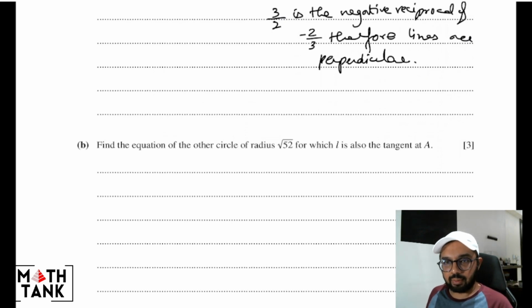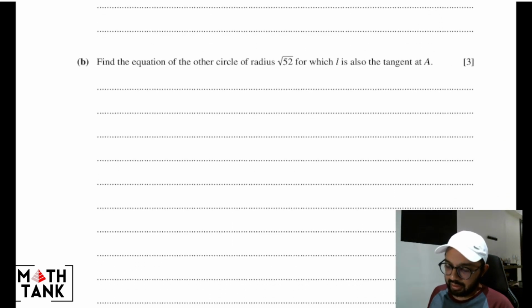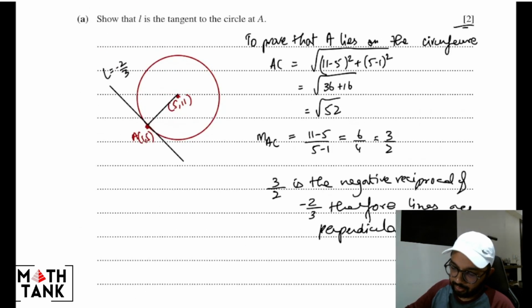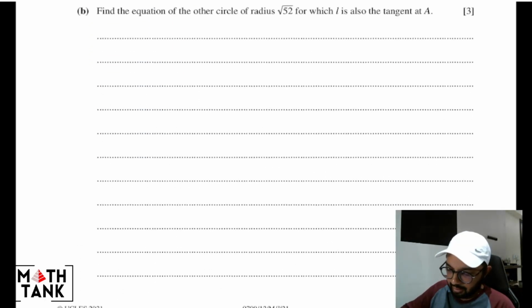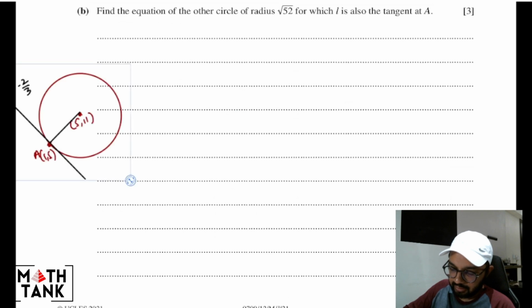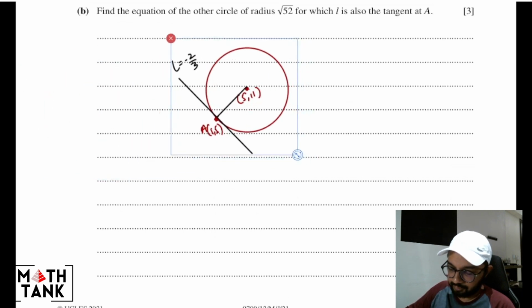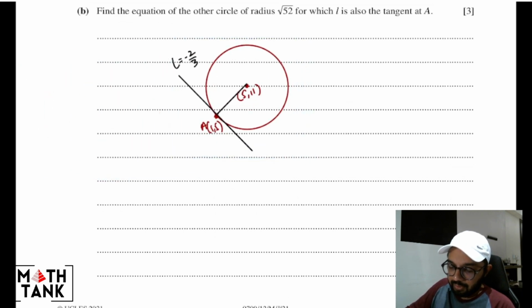Then it says find the equation of the circle of the radius root 52 for which L is also the tangent at A. Now there is another circle. So what I'm going to do is, let me just copy this from here, and what the question is telling you is find the equation of the other circle of radius root 52.